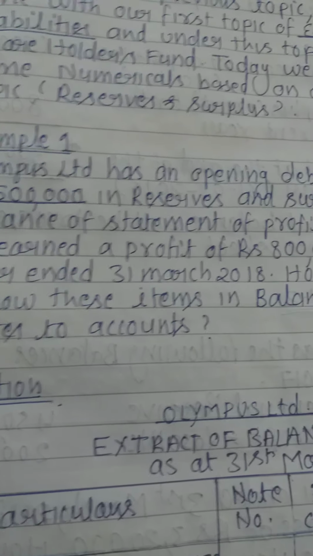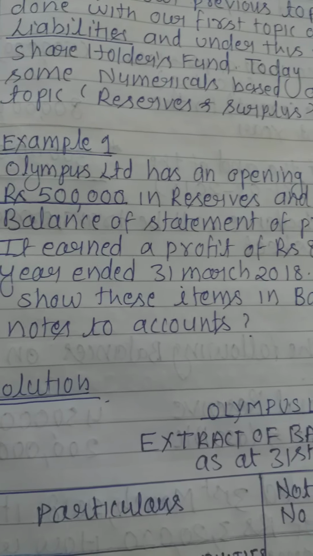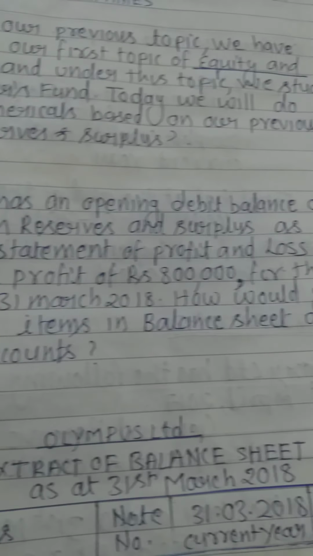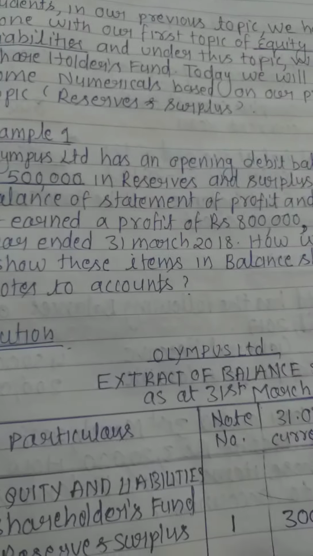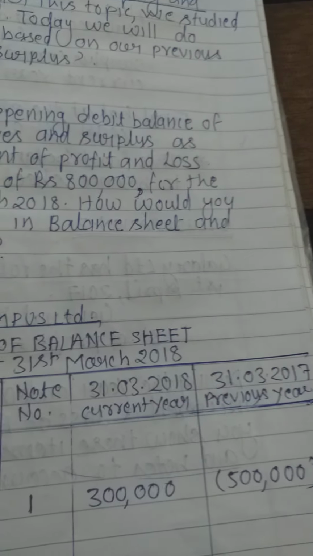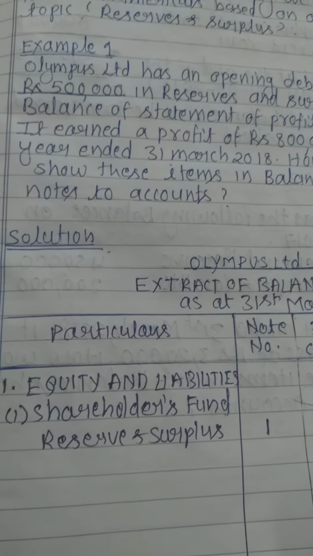It earned a profit of rupees 8 lakh for the year ended 31st March 2018. How would you show these items in the balance sheet and notes to account? See the solution.